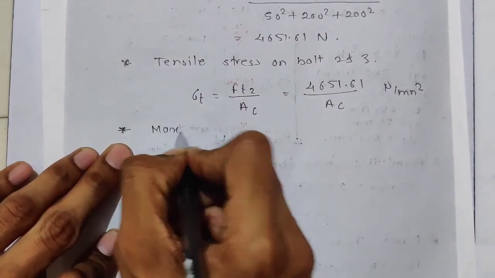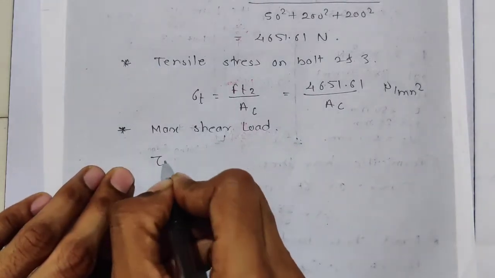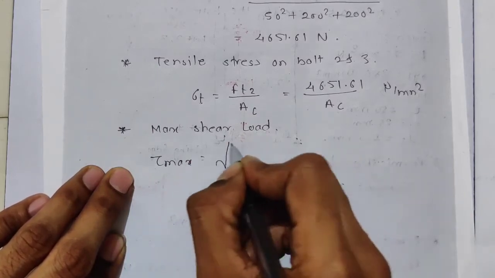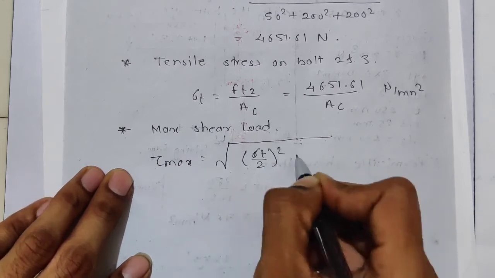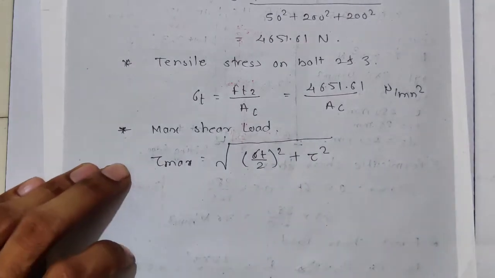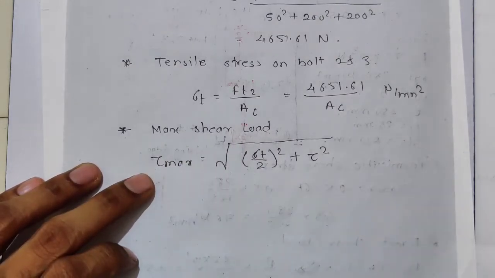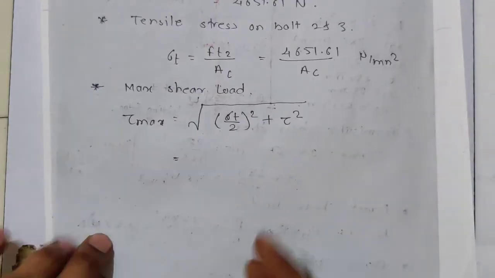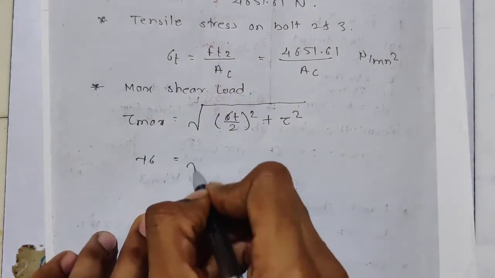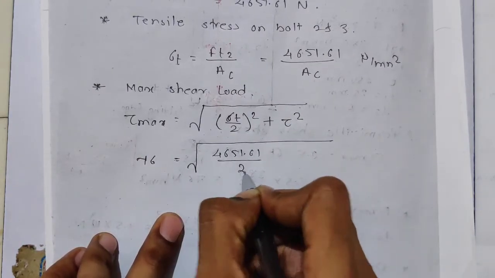So the maximum shear stress according to this theory is tau max is equal to under root of (sigma t by 2) square plus tau square. This is the formula for maximum shear stress in the maximum shear stress theory. Now we know the tau max value we have calculated, it is 76 Newton per mm square. So 76 is equal to root of (4651 divided by area, sigma t by 2) square plus tau square.